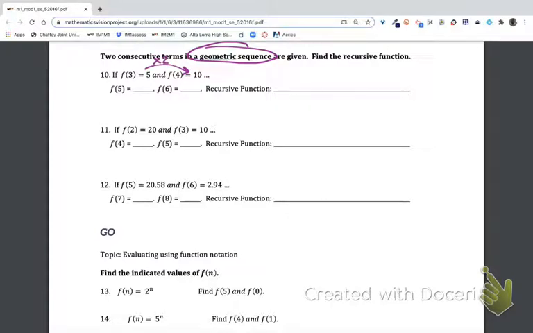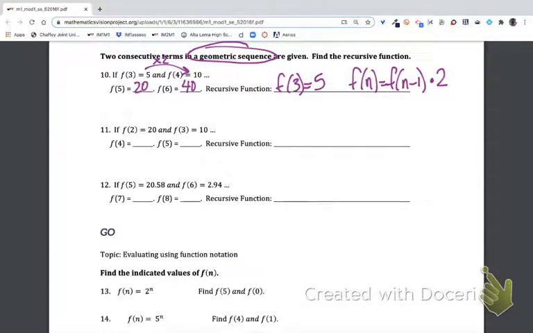So the fifth term would be 20. The sixth term would be 40. I'm just going to continue multiplying by 2 each time. The first term that is given to us is the third term, actually, and it's 5. And to get our next term in the sequence, we'll take the previous one and multiply it by 2.